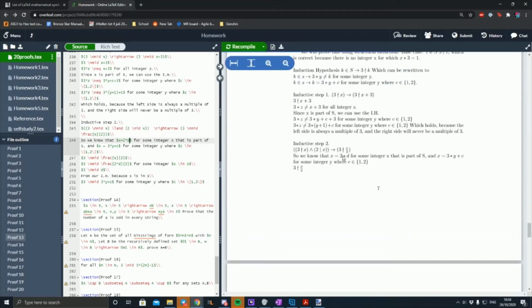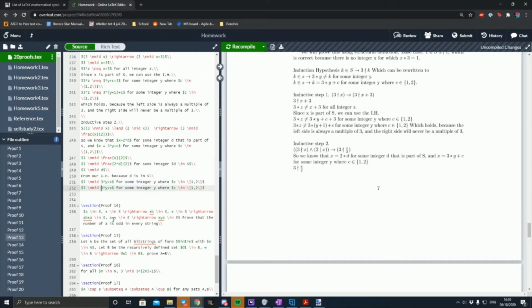We don't know anything yet, but we should prove that d is not divisible by 3. Actually, no, I think we know that d is in S, but we should prove that it's not divisible by 3. So if we know that for some integer d in S, then because of the induction hypothesis, because d is in S, we can replace d by this. Yeah, okay, now we're good again.